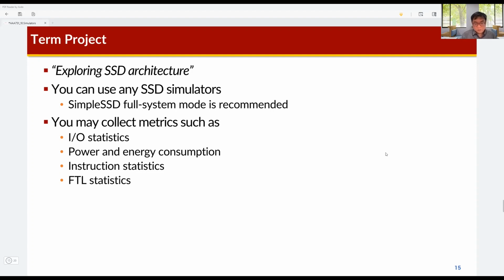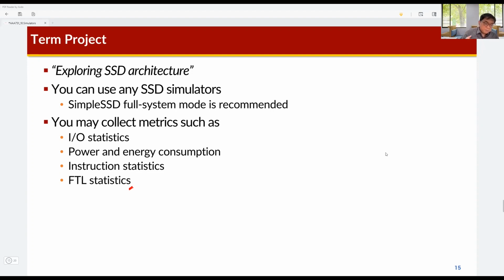Also, you can collect instruction statistics, like the internal instructions inside of the SSD. Also, you can measure FTL statistics, like performance metrics by the flash translation layer, such as write amplification, number of erases, or the lifetime of the flash memory.